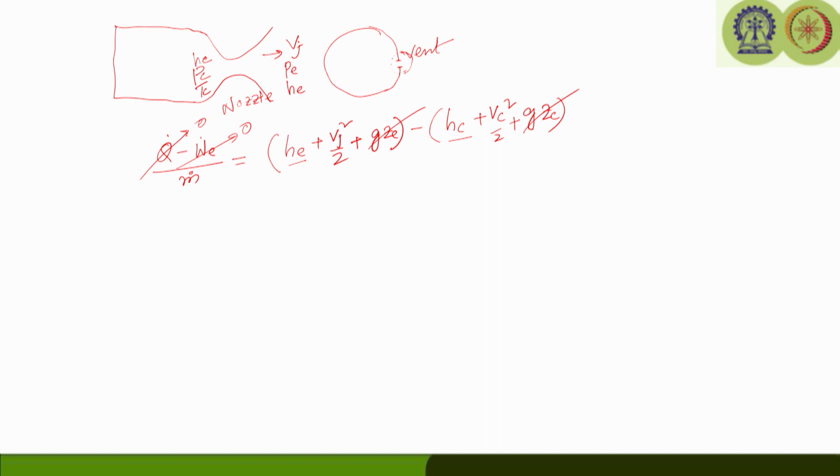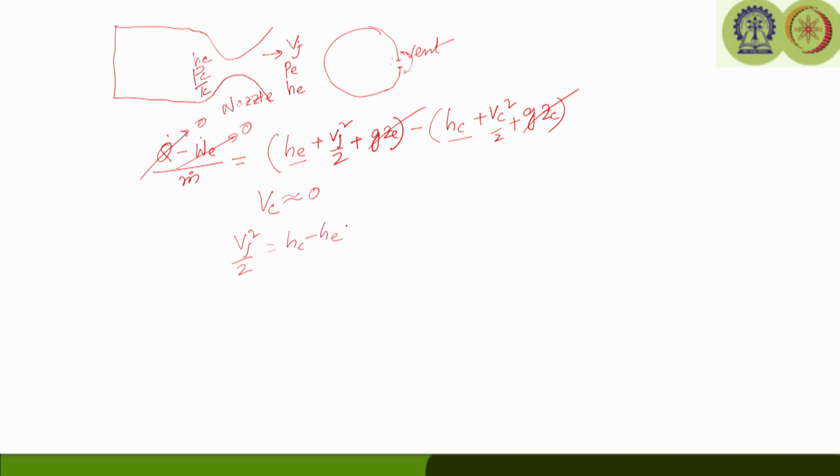Further, the velocity Vc is very small compared to the velocity at the exit, so this can also be negligible, because inside the chamber the flow has almost negligible velocity. So eventually this equation becomes Vj square by 2 equal to Hc minus He.